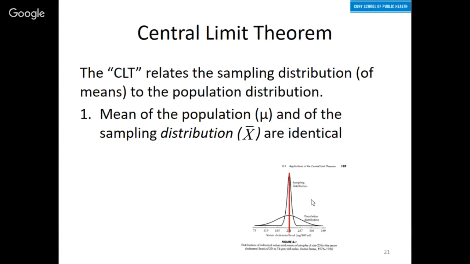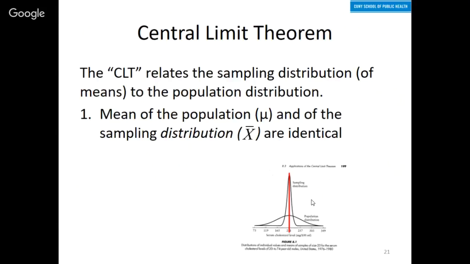All right, let's get to the crux of it in the central limit theorem. The reason we're able to make inference on sampling distributions in a lot of cases, and the ones that we'll get to first at least, is because of the central limit theorem.